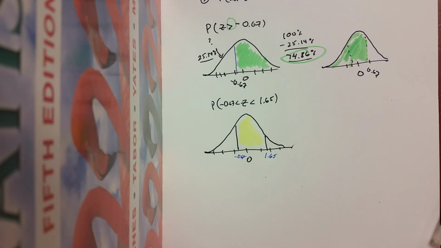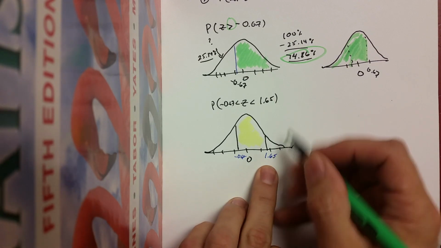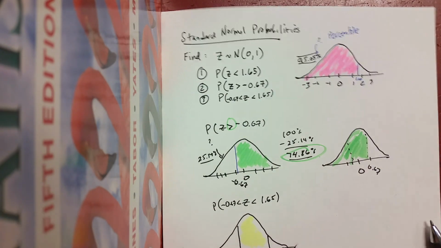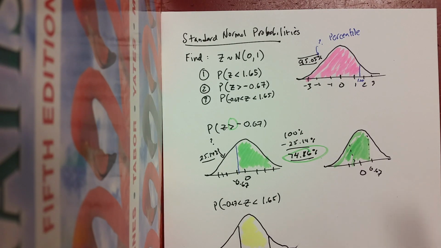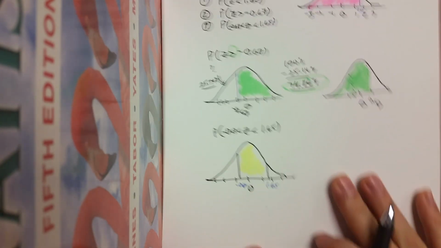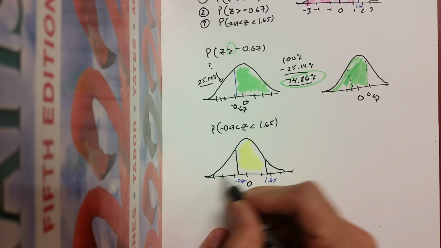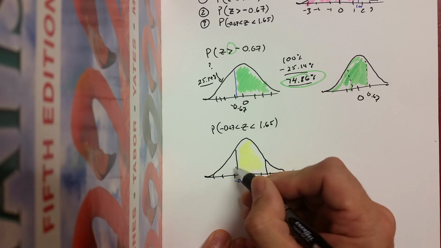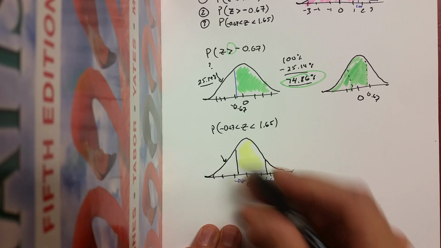Well, let's think. In a previous problem, I figured out what was everything to the left of 1.65. Everything to the left of 1.65 was 95.05%. But now I don't want everything to the left of 1.65. I want everything to the left, but take away this garbage right there. Well, how do I do that?